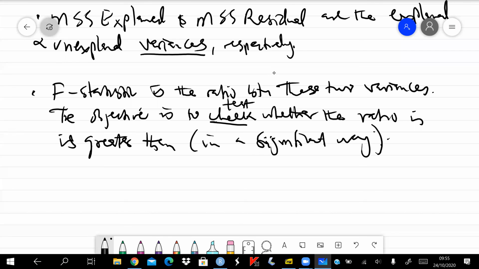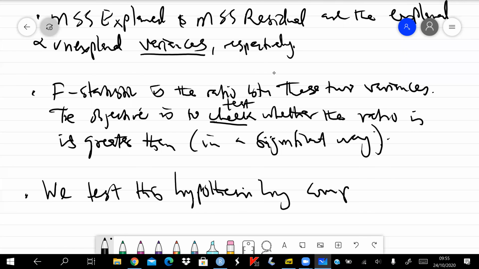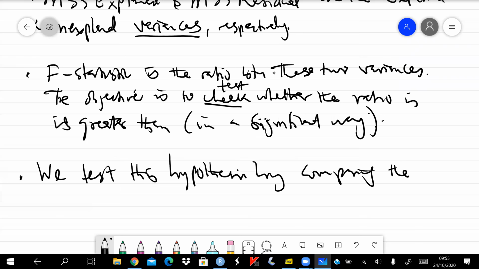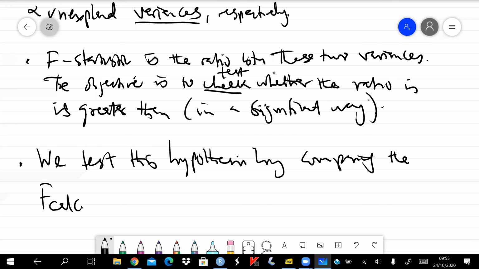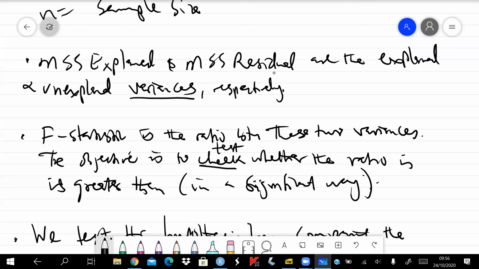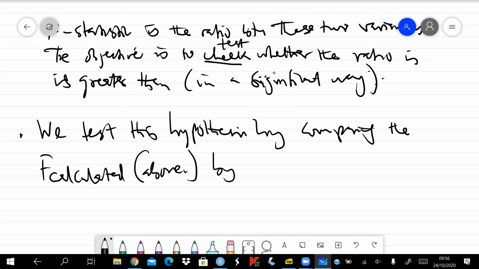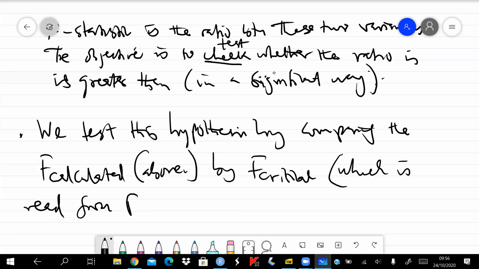We test this hypothesis by comparing the F calculated, that is above, the F in the table up there, by the F critical, which is read from F distribution tables.